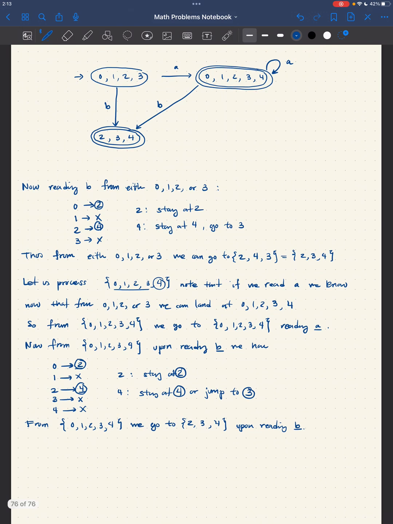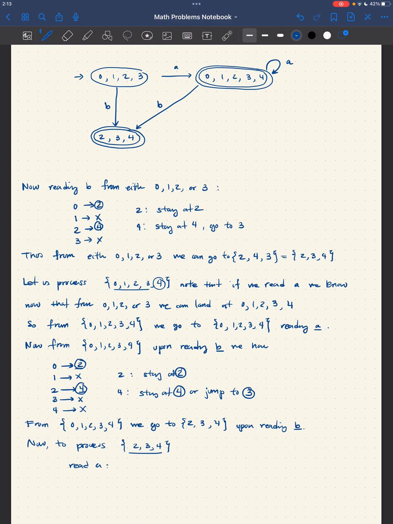So now, to process the state 2, 3, 4, let's see what happens. Now I think we can organize it in a more efficient way, and I can say read A from either of the ones that are indicated here.